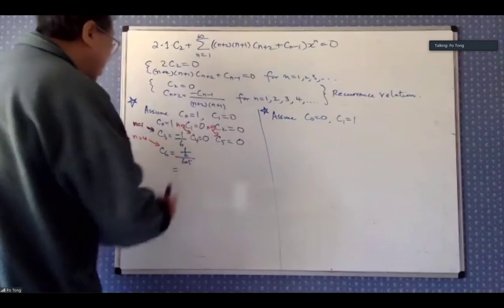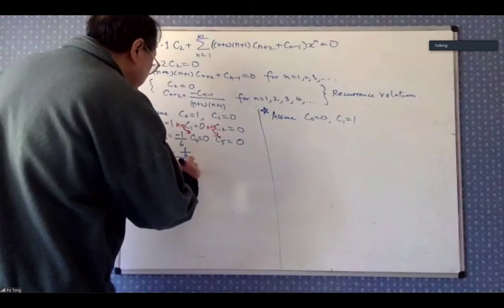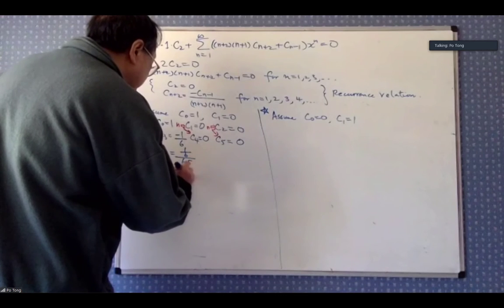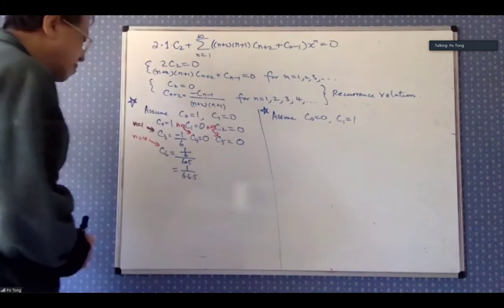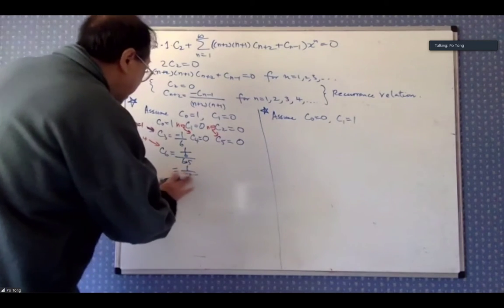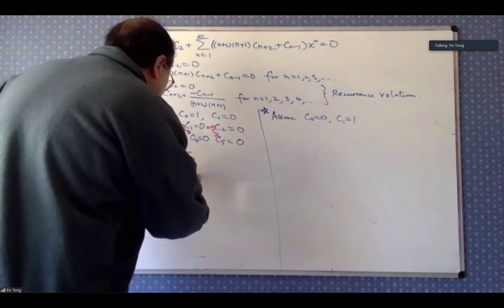Are you guys still following? 1/6 times 6 times 5. I can just multiply out. What is 6 times 6 times 5? 180.